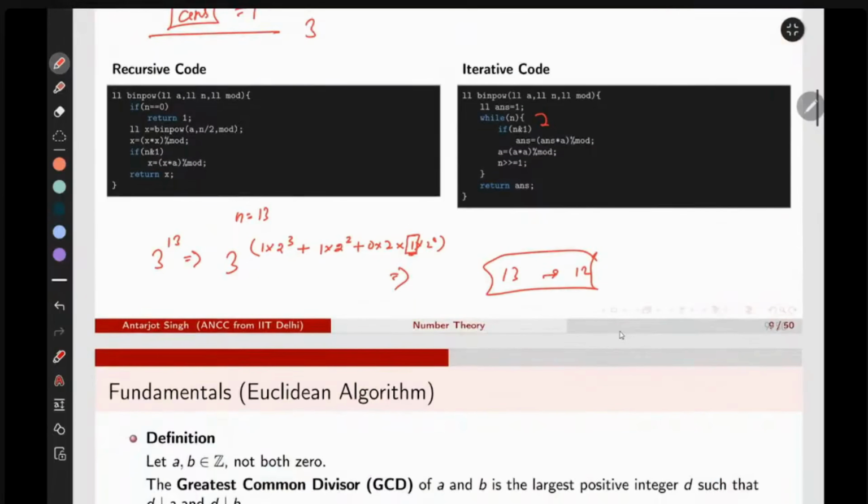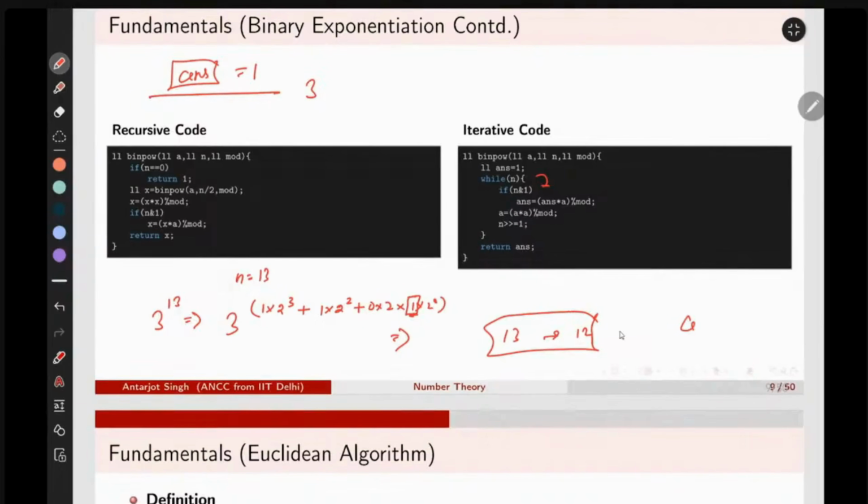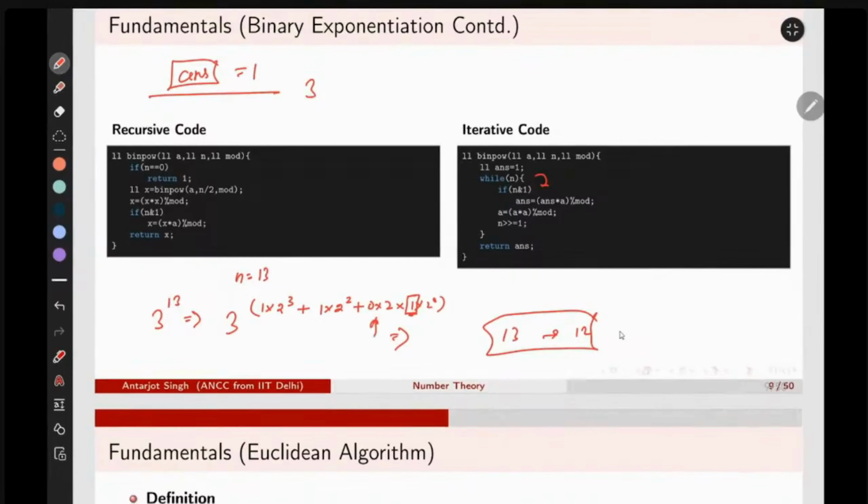Then our a, the power we are going to multiply, which is 2 to the power i, that squares. So next step, 13 by 2 is 6. At the next step, our n is 6.